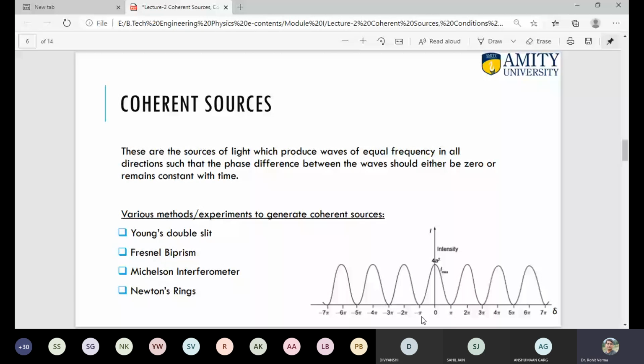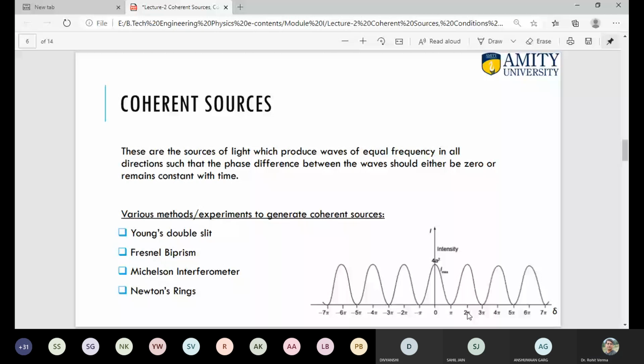Constructive interference will be obtained at those points at which the phase difference between the two interfering light waves is an even multiple of pi, or the path difference between the two interfering waves is an even multiple of half wavelength.